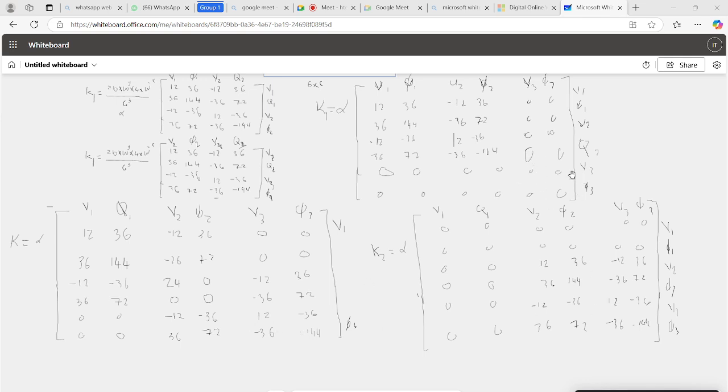That's why we have 12. 0 minus 36. That's why we have minus 36. 0 plus 0 is 0. 0 plus 0 is 0. 0 plus 36 gives 36. 0 plus 72 gives 72. 0 minus 36 gives minus 36. 0 minus 144 gives minus 144.